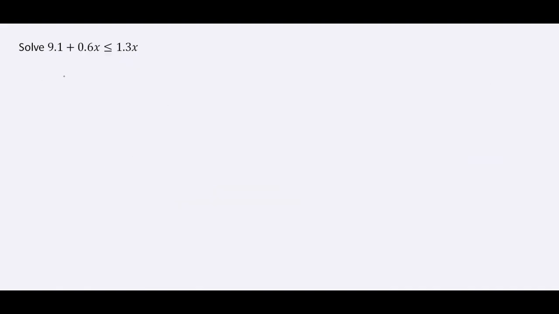Now we have 9.1 plus 0.6x is less than or equal to 1.3x. So what we're going to do here is first isolate the x. So I'm going to subtract 0.6x from both sides. So 1.3 minus 0.6, this is 7, so this is 0.7. So 9.1 is less than or equal to 0.7x.